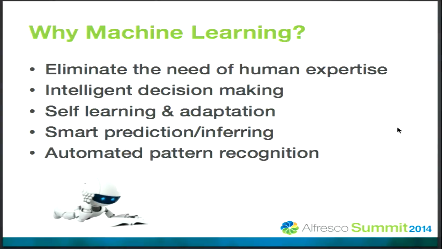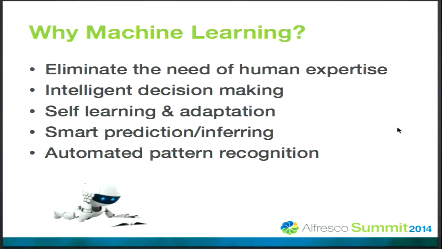There is also self-learning and adaptation. We can regenerate this machine learning model without any human involvement. So if your business environment is changing, it automatically adapts to that business environment without any human involvement.